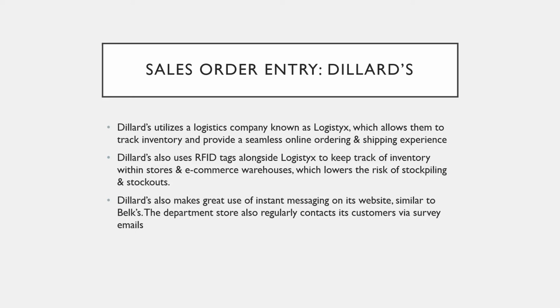Once customers order online, Logistics works to make sure it goes straight from the warehouse to a carrier, and it's all pretty seamless. The customer gets a tracking number quite quickly. And because it tracks inventory through the software, it allows dealers to also order more inventory based off those sales orders.